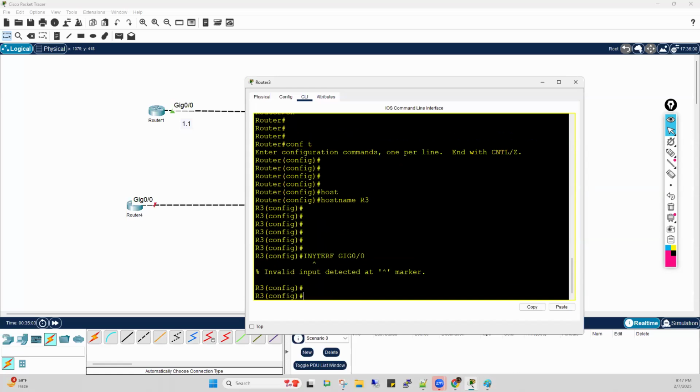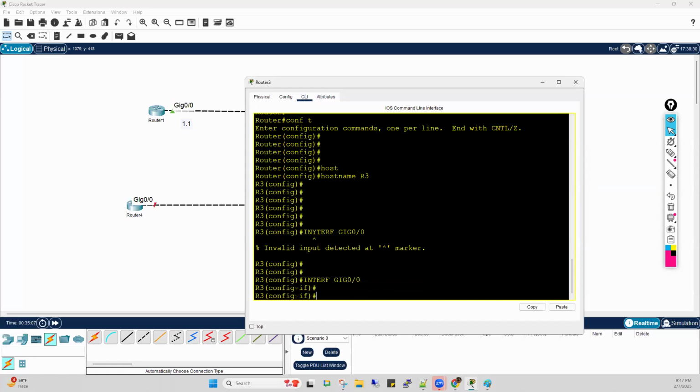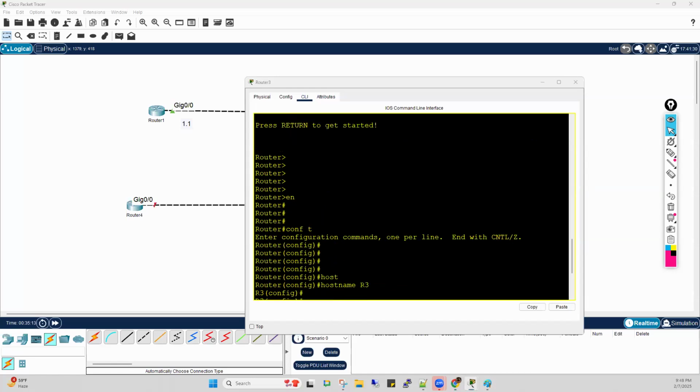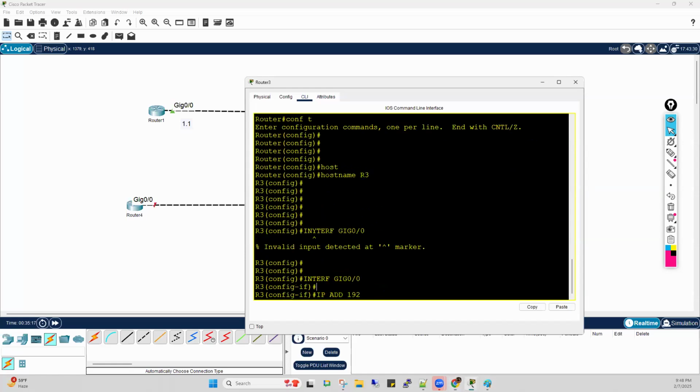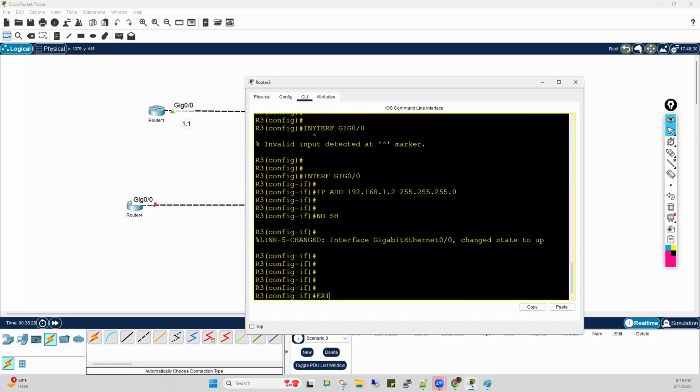Interface gig 0/0, IP address 192.168.1.2, 255.255.255.0, and no shutdown. By this way I configured the IP address.